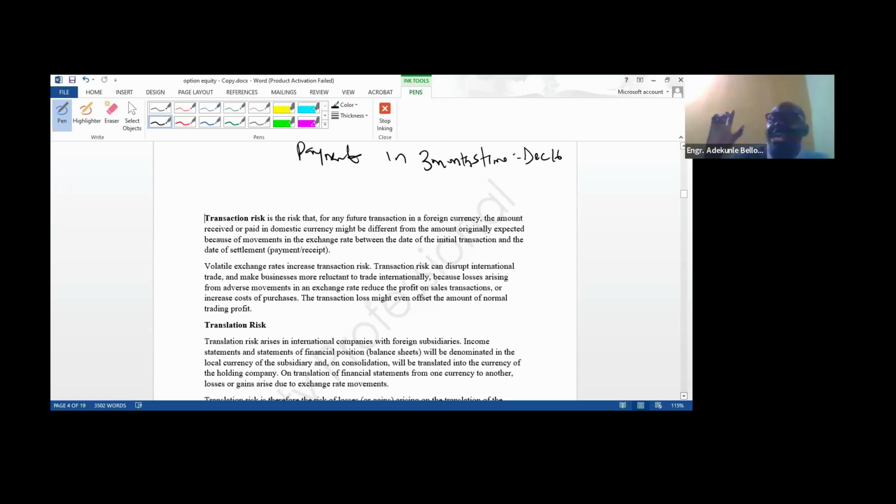At financial year end, the parent company of a multinational will be required to prepare consolidated financial statements covering the activities of all subsidiaries.